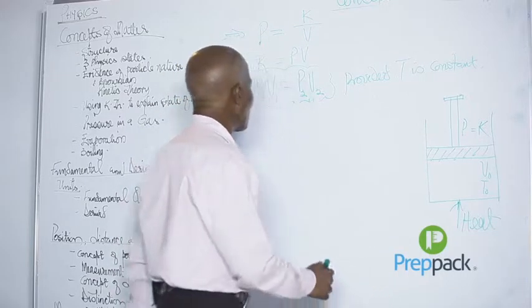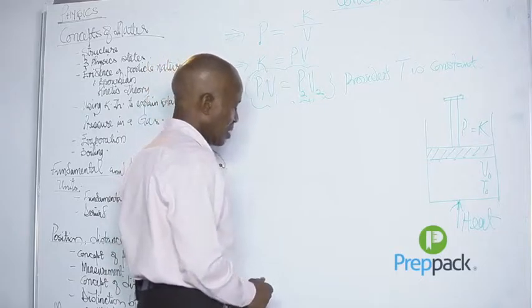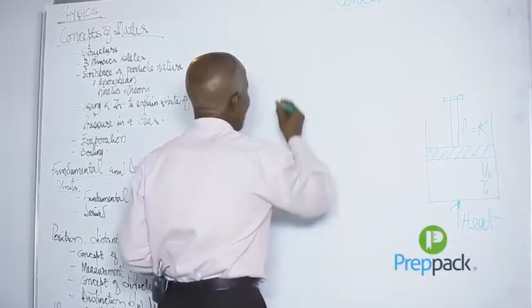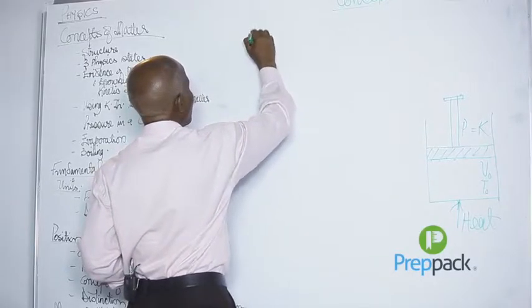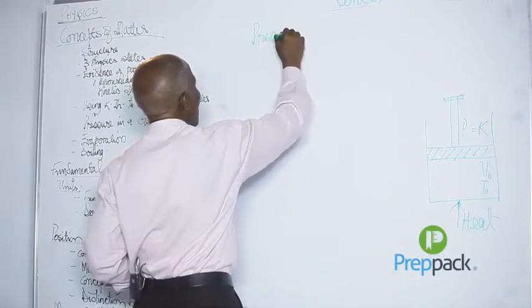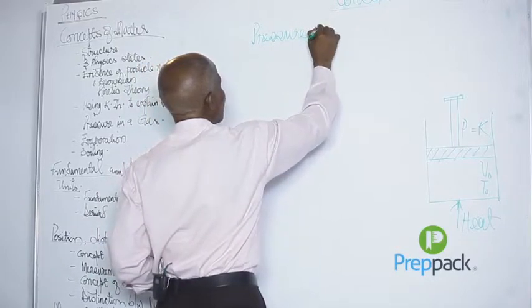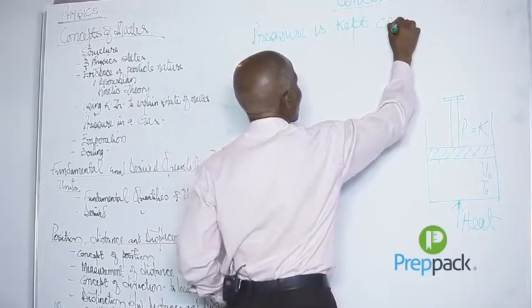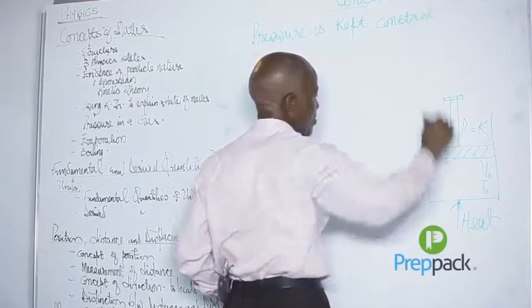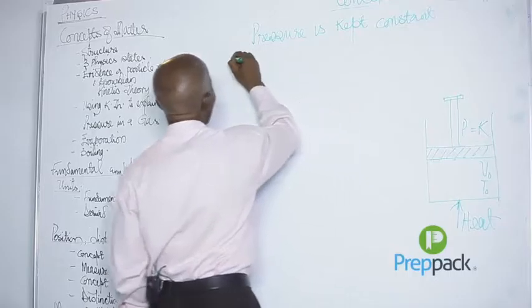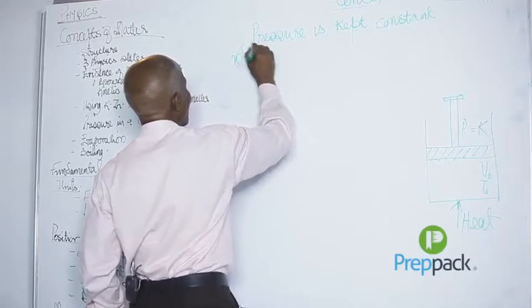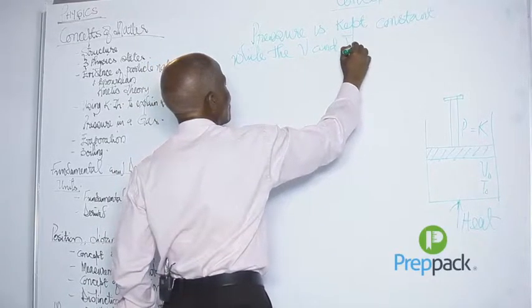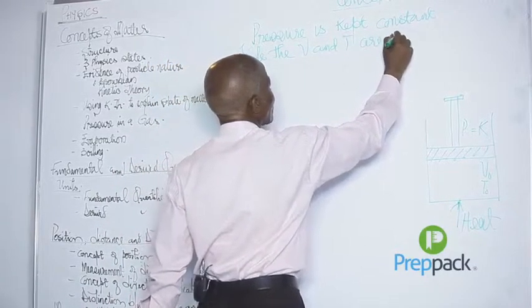So we can put up an equation in this form: a situation where pressure is kept constant, while the volume and the temperature are varied.